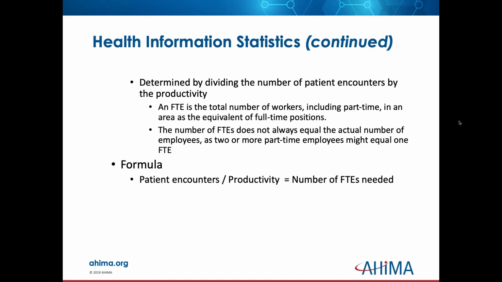And then you can also set those productivity standards for scanning, prepping, scanning, QA, and validating that whole process. You can do it for chart analysis. Release of information is usually done separately, and it's not necessarily based on patient encounters. It's usually based on historical data, but you can see what I'm saying. You can get that information.